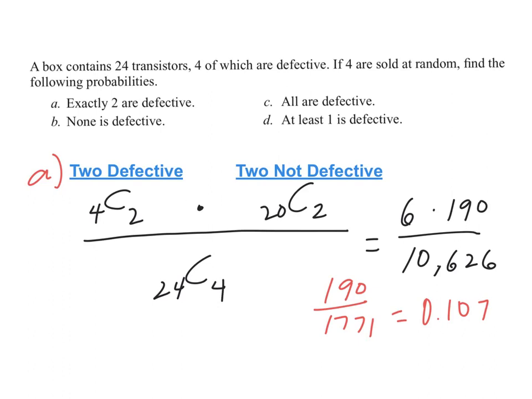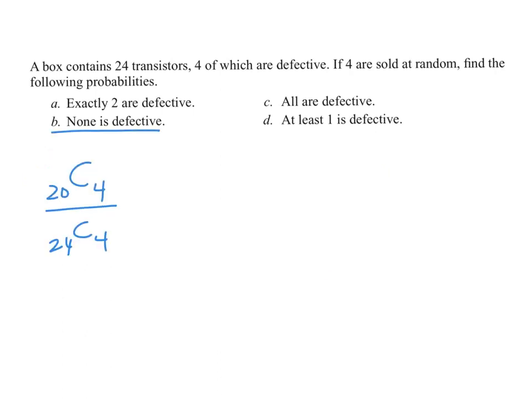0 or 4. 4. Okay? So essentially, we're not choosing any from the defective pile anymore. That's sort of what we eliminate. So when we look at this first one for B, the truth is we're only selecting from the functioning transistors. We're not choosing any from the broken ones, from the defective ones.